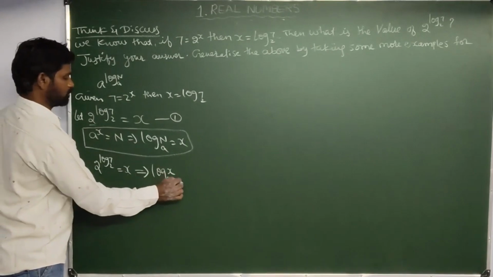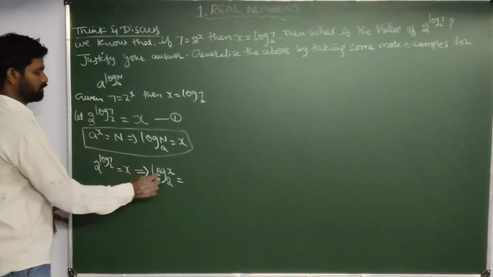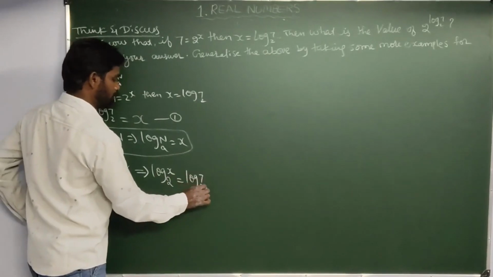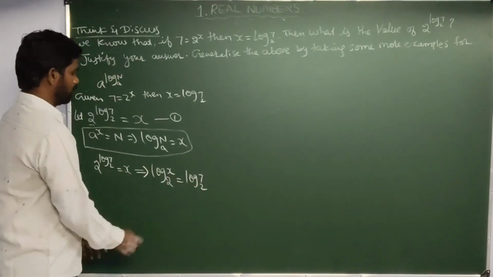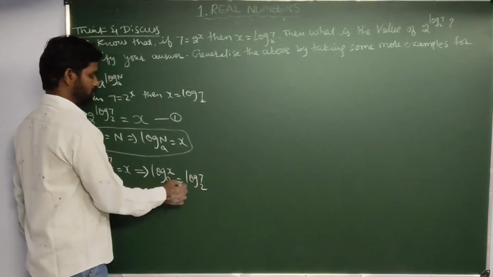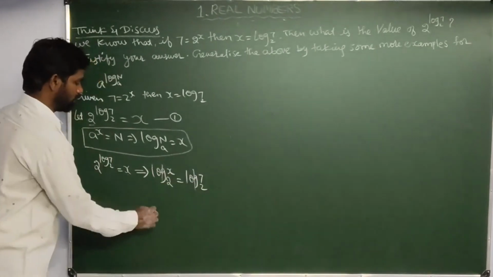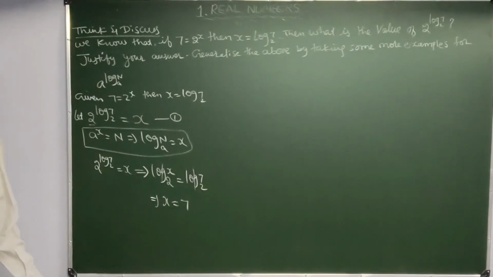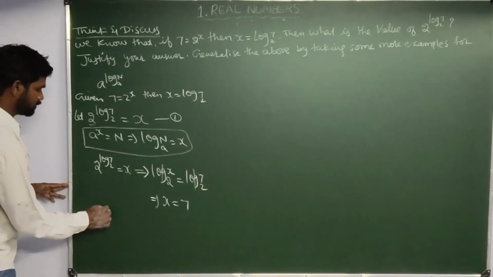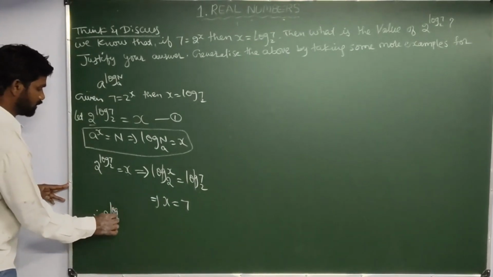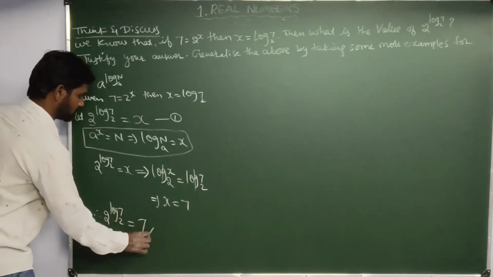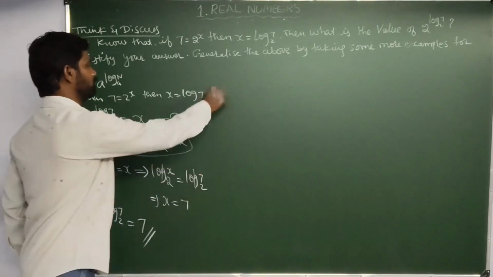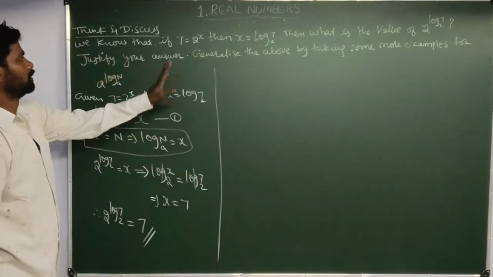So base 2 is equal to x. So this is the x value, that is log 7 base 2. So if you observe here, the log with base 2, log with base 2, both are same. Now we can cancel that one and simply we can write that as x is equal to 7. Okay, that is the answer. So therefore we may write 2 power log 7 base 2 is equal to 7. That is our answer.